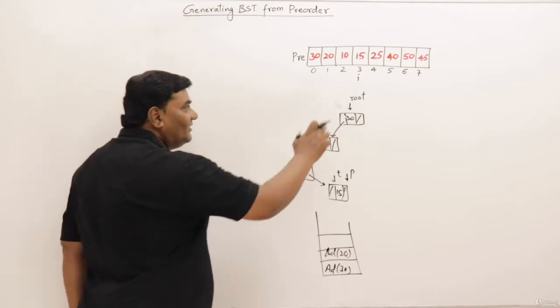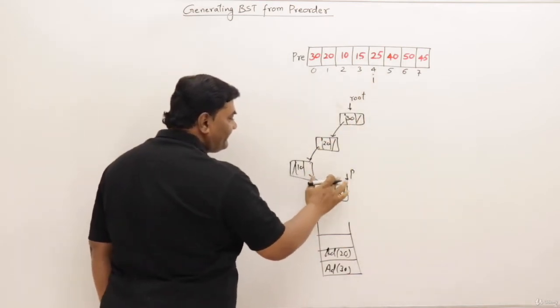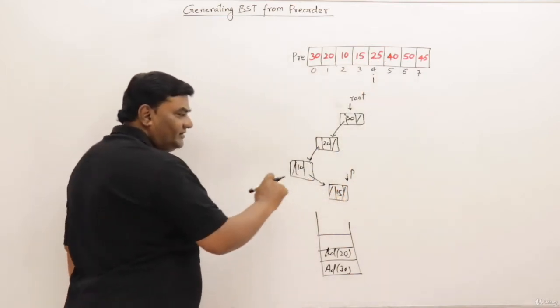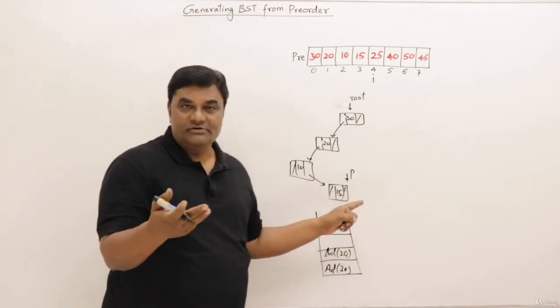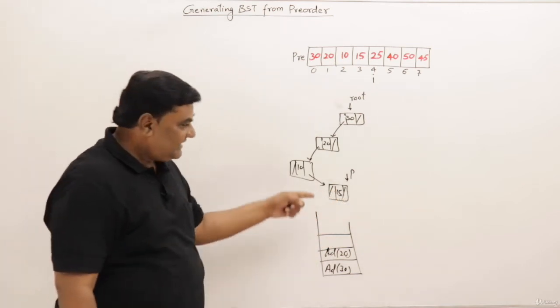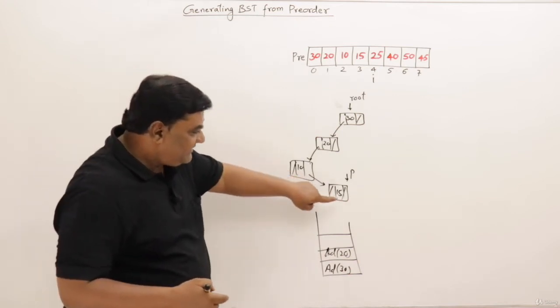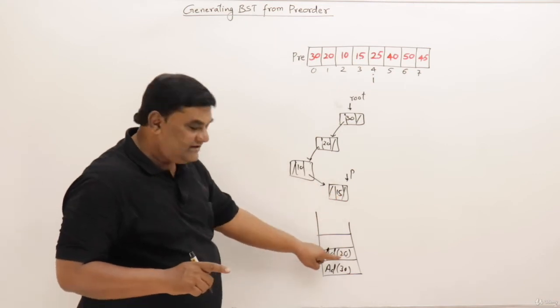Next, the step is repeating. 25, is it less than 15? No, it's not less than 15. Is it greater than 15? Yes, obviously it is greater than 15. Shall I insert at the right side? No. You have to check whether it is lying in between the range of this 15 and this node.